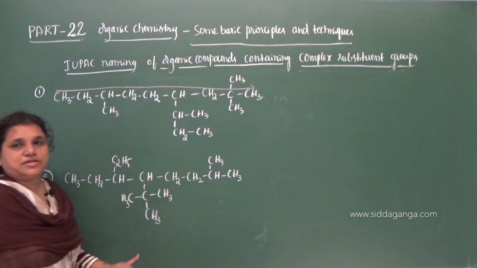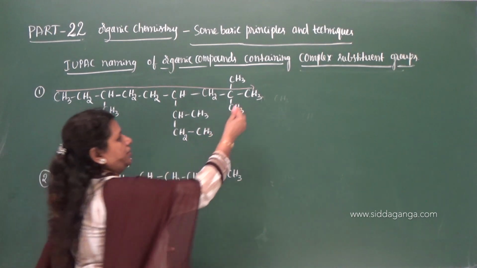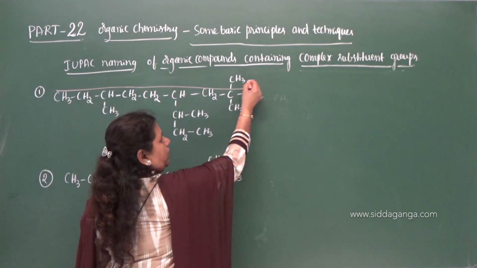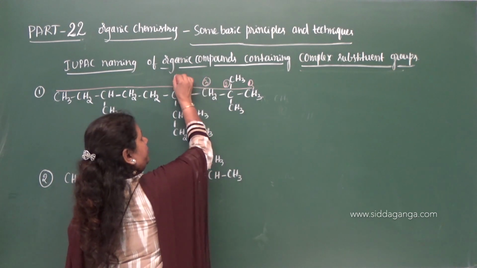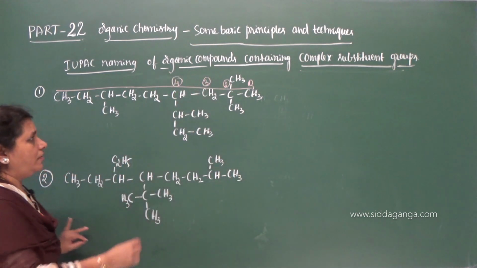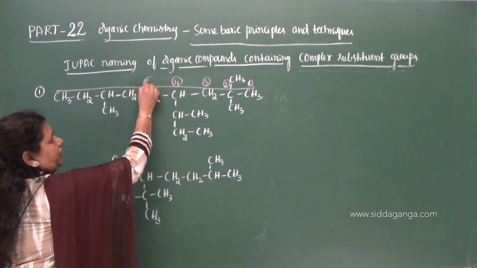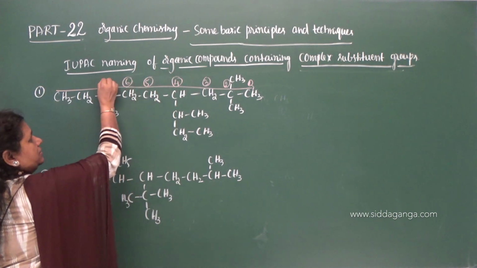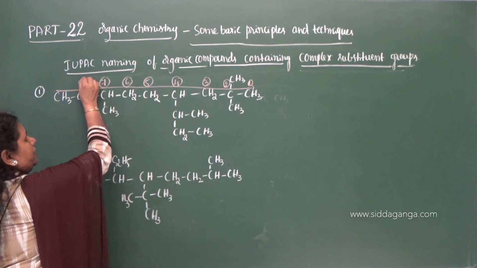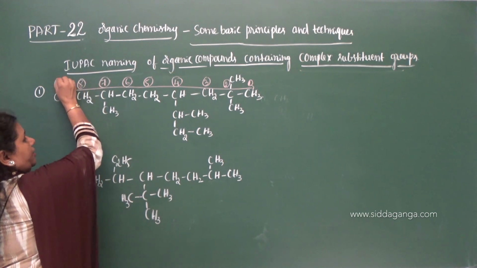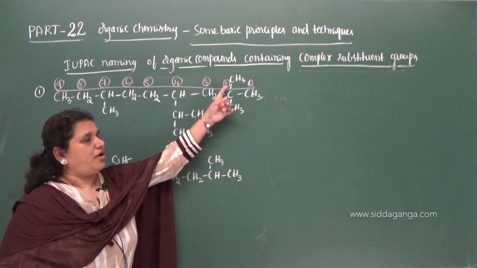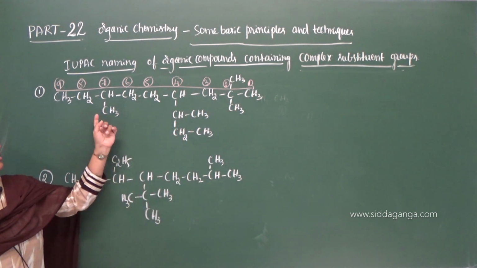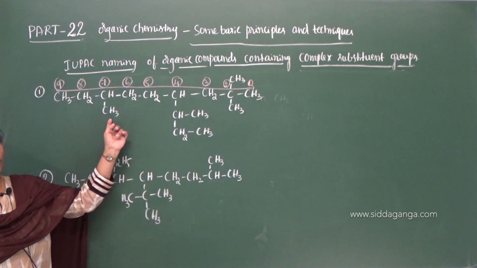This is the parent carbon chain, and give the numbers here 1, 2, 3, 4, 5, 6, 7, 8, 9. On the second carbon we have 2 methyl, and on the third carbon we have one more methyl.